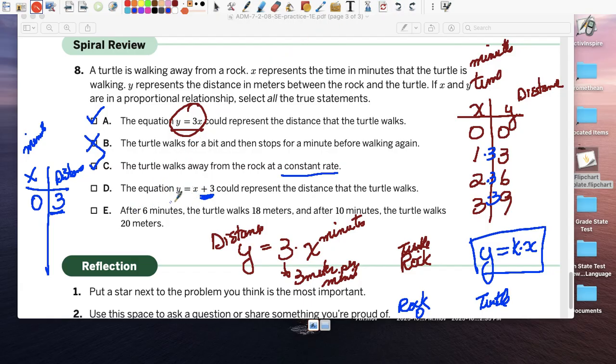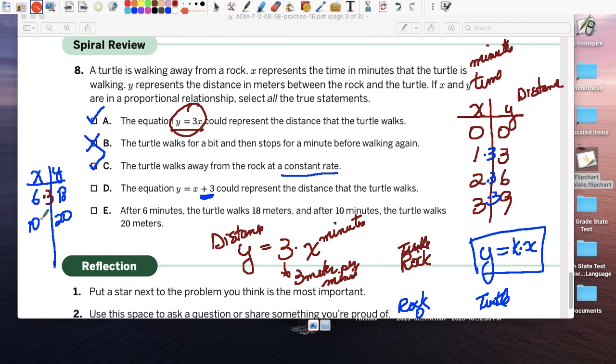After 6 minutes, the turtle walks 18 meters, and after 10 minutes, the turtle walks 20 meters. Well, is that a proportional relationship? Let's create a table and look at those two ordered pairs. At 6 minutes, he walks 18, and after 10 minutes, he walks 20 meters. Is the constant of proportionality the same? 6 times what is 18?